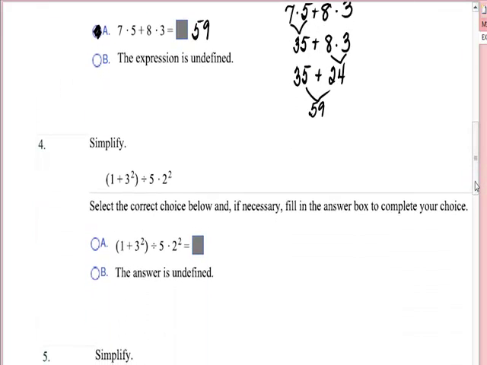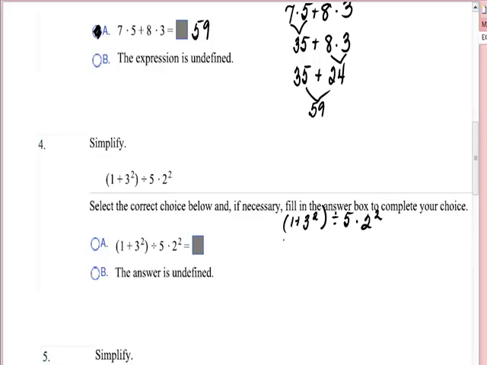All right, number 4. Okay, this one looks a little bit longer. I have in parentheses 1 plus 3 to the second power, close, divided by 5 times 2 to the second power. Okay, according to the rules, the first thing I need to do is parentheses.